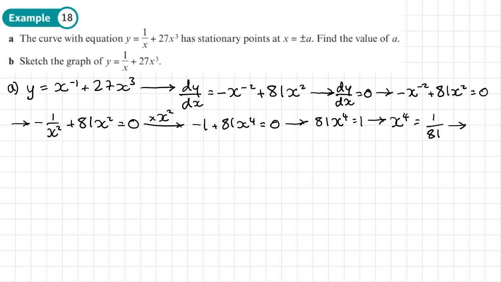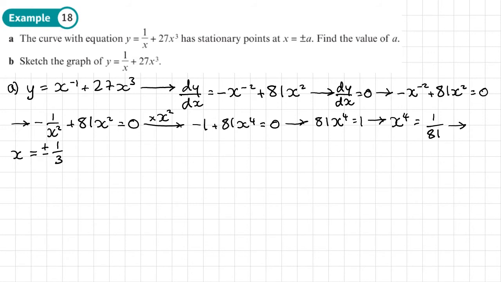Then what we need to do is find the fourth root of both sides. Now the fourth root of 81 is going to be 3, plus 3 or minus 3. So x is going to be plus a third or minus a third. So we'll put plus or minus 1/3.